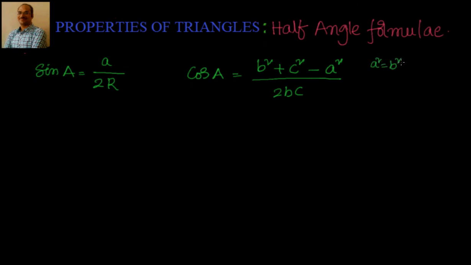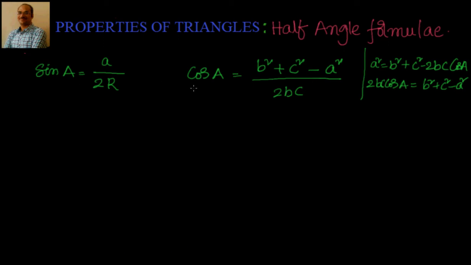A square equal to B square plus C square minus 2bc cos A. Now if you bring 2bc cos A here and take A square that side, what happens? This becomes 2bc cos A equal to B square plus C square minus A square, or that gives you cos A equal to B square plus C square minus A square by 2bc.